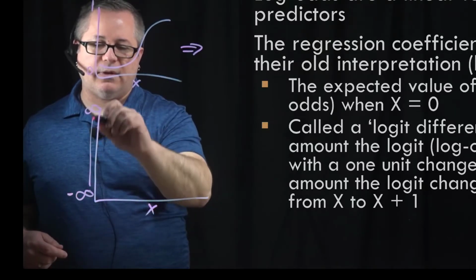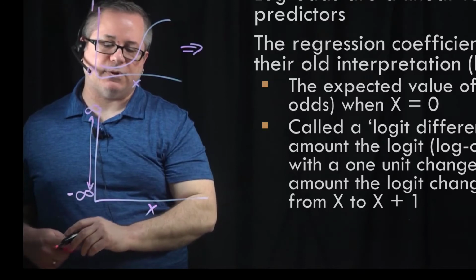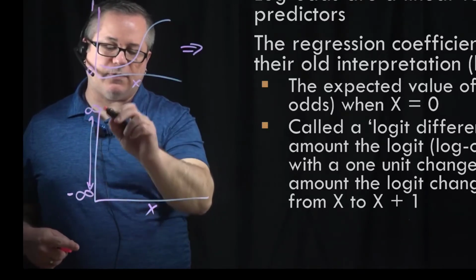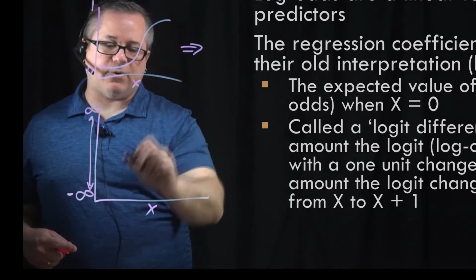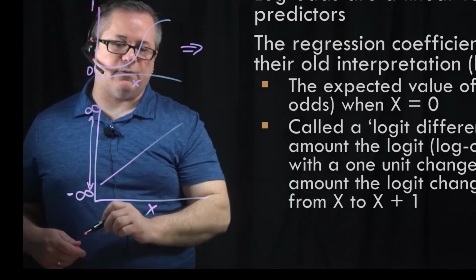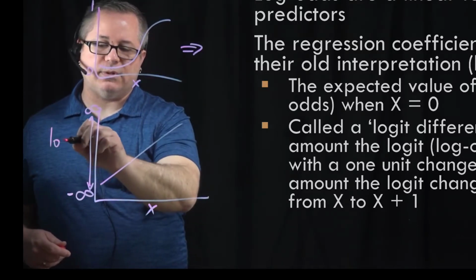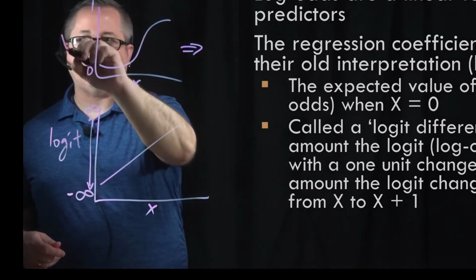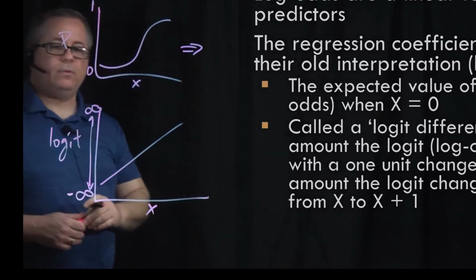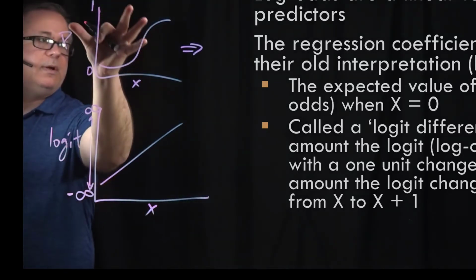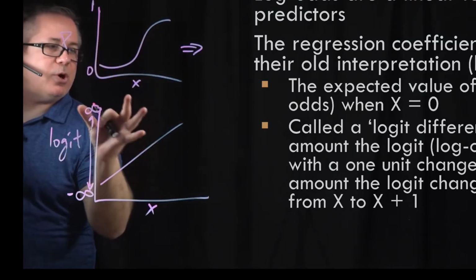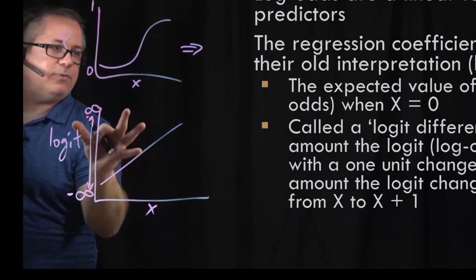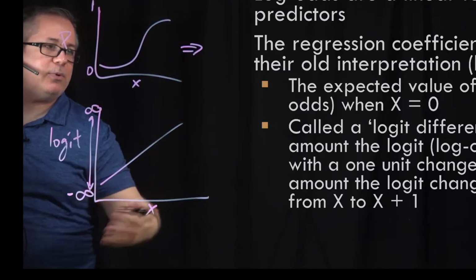This S-shaped curve has now been stretched out to being a linear curve, where this is the logit and this is the probability. So all this has done is transform the probabilities into logits, and we're doing all the work on the logit version because it's linear and it fits all the requirements of regression.